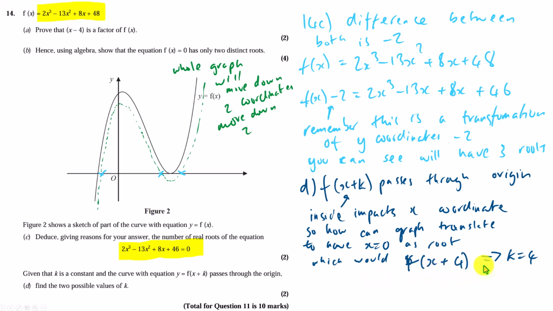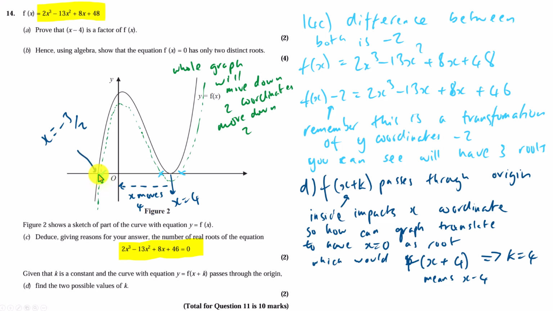The first one would be x plus 4, because look, that's moving to the left 4, which is minus 4. We do the opposite, so that's x plus 4. So k could be 4 to make it x plus 4, and that would shift this all the way to the left, because that's x minus 4.